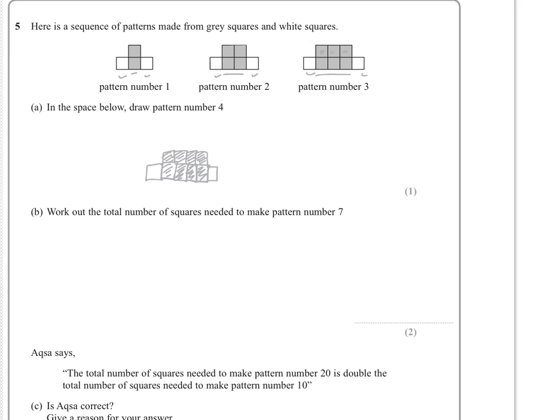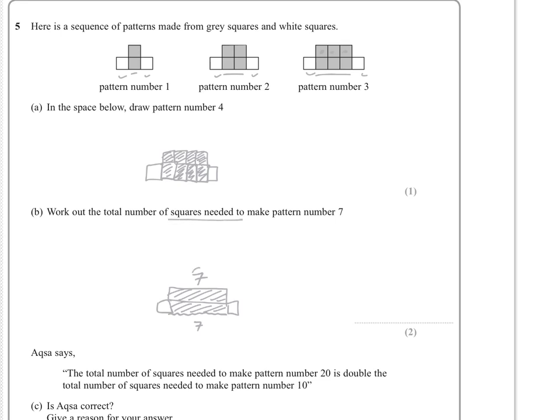Well, this should be okay, because we'd know there'd be 7 grey ones along the bottom with a white one either side. So they'll be all grey, and we know there's going to be 7 of those. And then it's just repeated on top here. So we'd have 7 more. But it says work out the total number of squares.